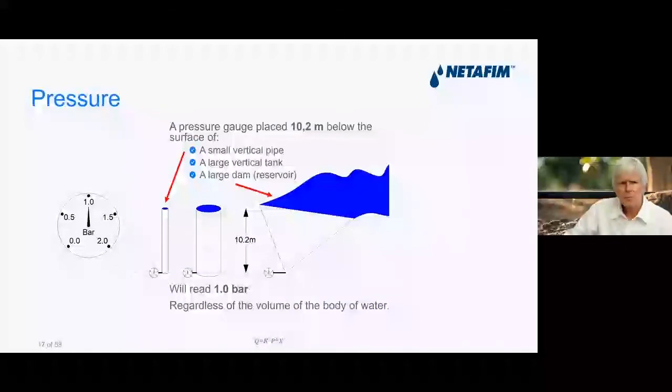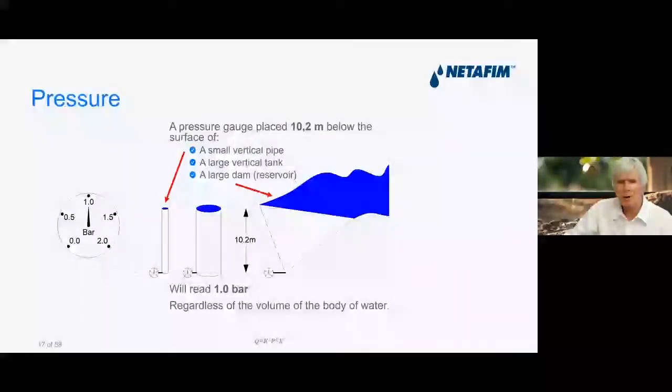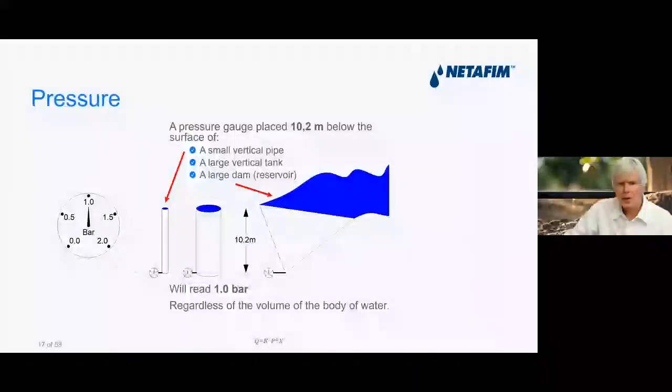So what do meters of pressure mean? If we get a pressure gauge and we place it 10.2 meters below the surface of a small vertical pipe or a large vertical tank or a large dam reservoir, that pressure gauge will read 1 bar.